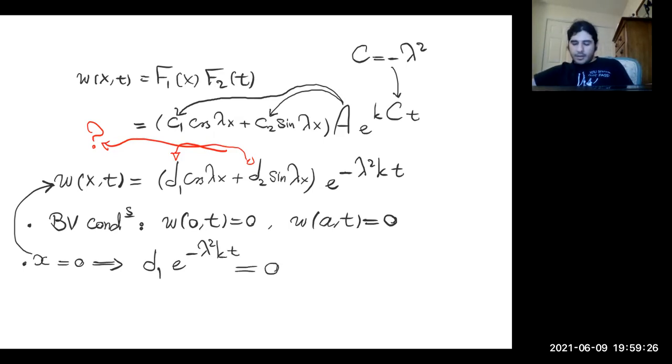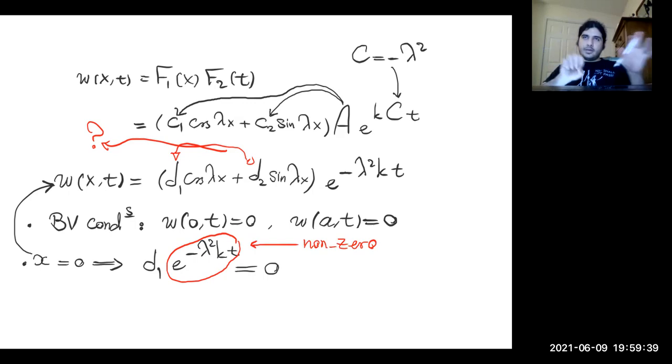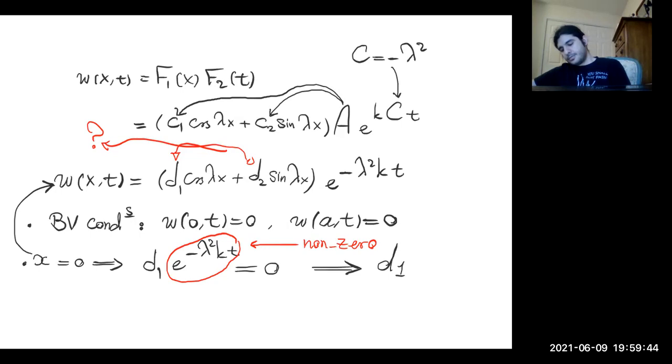Well, e to any number, this exponential, is non-zero. So if this product is 0, and the second term is non-zero, d1 has to be 0. Great. So d1 is 0. So this term disappears, d1 cosine of lambda x, because d1 is 0. Let's look at the second condition. Let x be equal to a.